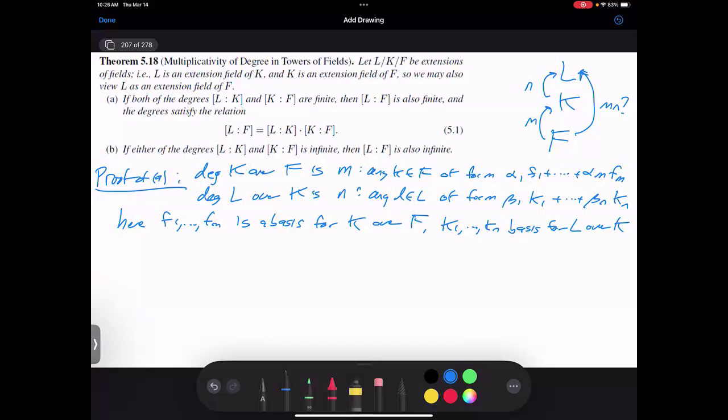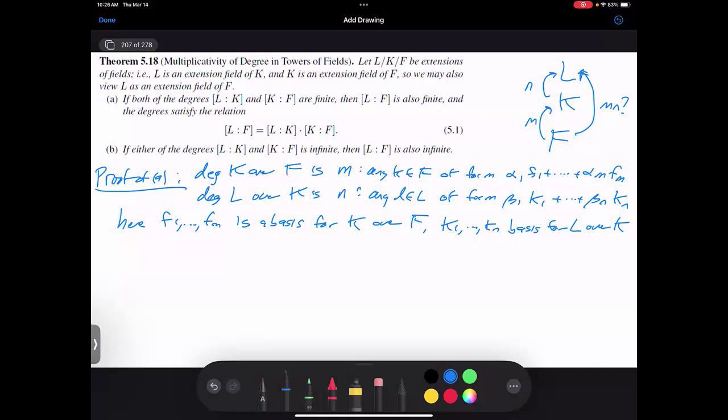So we're trying to write anything in K as a combination of things in F. So where are the coefficients?